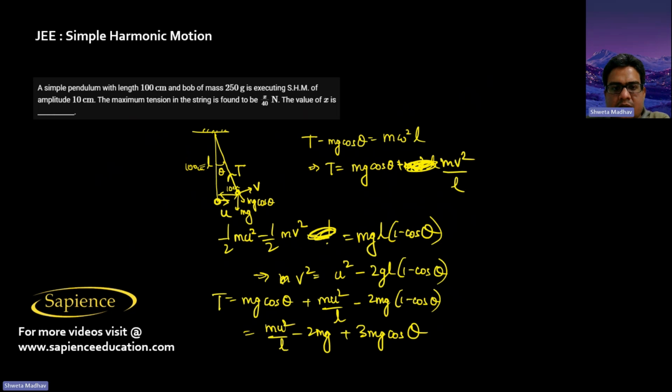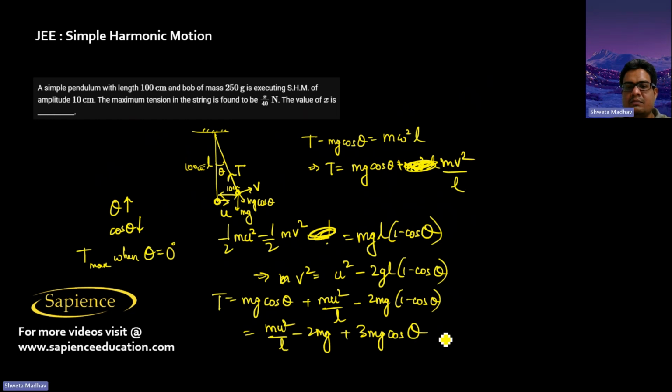This is the tension. As we know, if angle theta increases, then cos theta will decrease. If theta decreases, then cos theta will increase. So tension is maximum when the angle theta will be 0 degree.